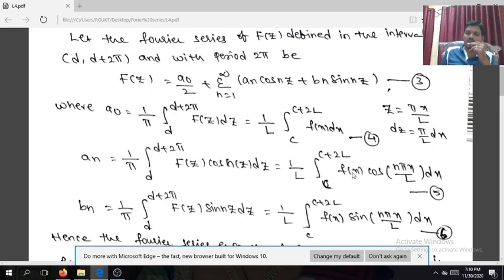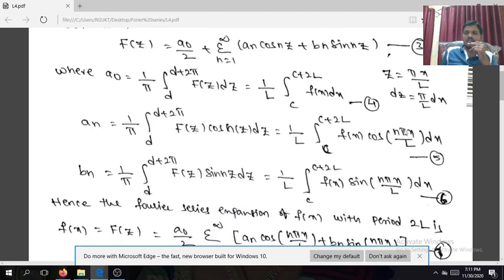The integral c to c plus 2l of f of x into cos n pi x divided by l dx, multiplied with 1 by l, is the second Fourier constant, that is a n. So this is equation number 4, this is 5.